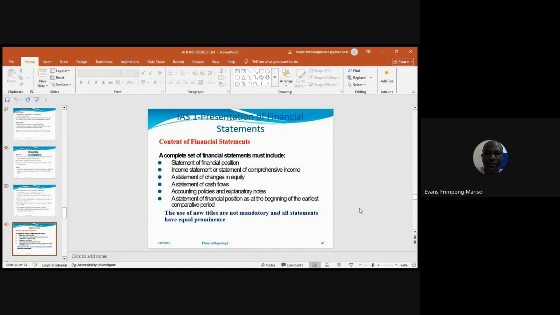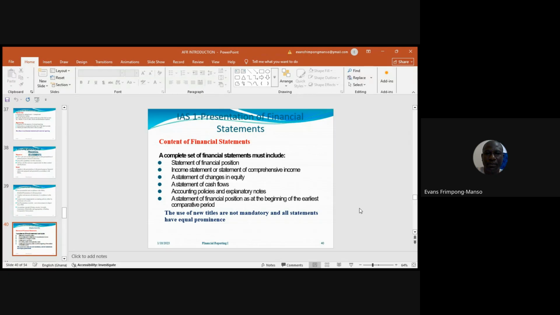1, you have the statement of financial position, the one previously called the balance sheet. Now, we don't say balance sheet. It's a statement of financial position. Number 2, we have the income statement or statement of profit or loss and other comprehensive income.